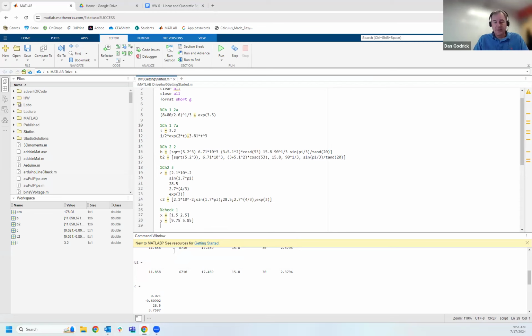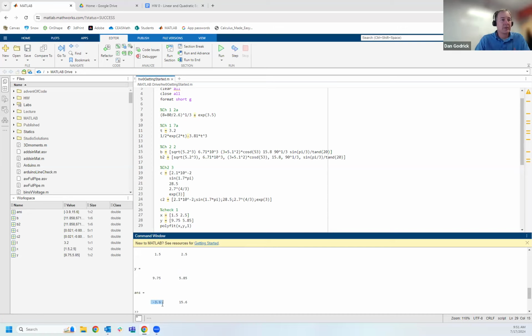Then I just type in polyfit, x comma y. A polyfit of order 1 is a line. We get minus 3.9 and 15.6. What that actually is, your slope is minus 3.9 and your intercept is 15.6.